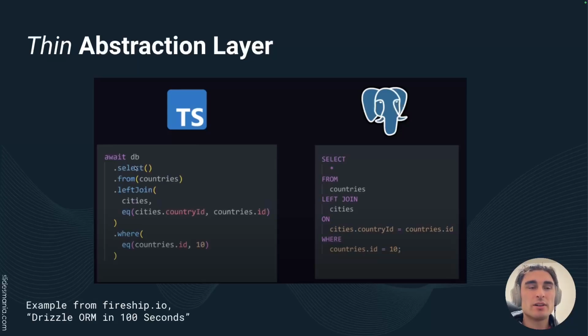In the Drizzle code on the left, we're going to say, hey, we have our database, we're going to select from a specific table, and we're going to perform a join, which basically just means that we're going to attach data from another table, and we're going to filter something. And as you can see, it very, very closely mirrors the actual SQL syntax that Drizzle is going to run, and it mirrors the SQL syntax that you could use if you were writing raw SQL queries.